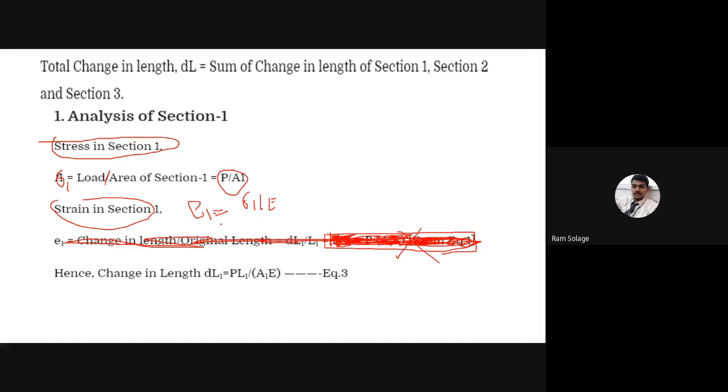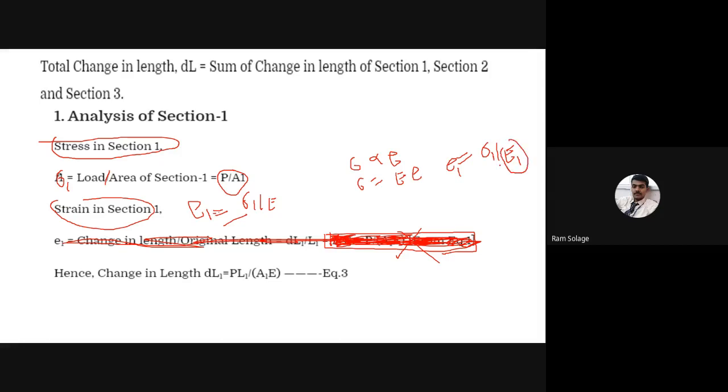How have we taken this formula? That is the basic definition, Hooke's law: stress is directly proportional to strain. For removing the proportionality sign, we have taken the elasticity constant. So stress is equal to E into strain. So to calculate the value of strain, epsilon is equal to sigma upon E. We are calculating the strain in section number 1, so instead of strain, we can take epsilon 1. Epsilon 1 is equal to sigma 1 divided by E. Sometimes we can take an E1.